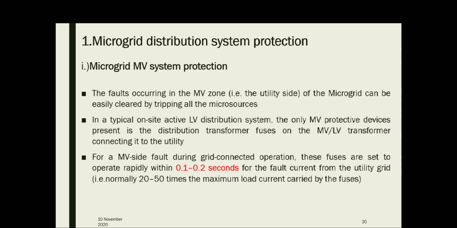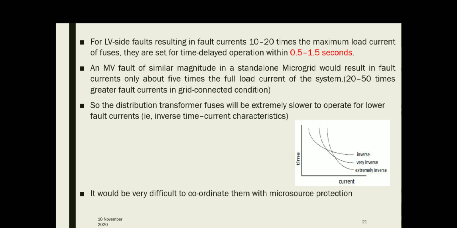On the other hand, for low voltage side faults, which will reflect a fault current of 10 to 20 times the maximum load current of the fuses, they are set for a time delayed operation of 0.5 to 1.5 seconds.